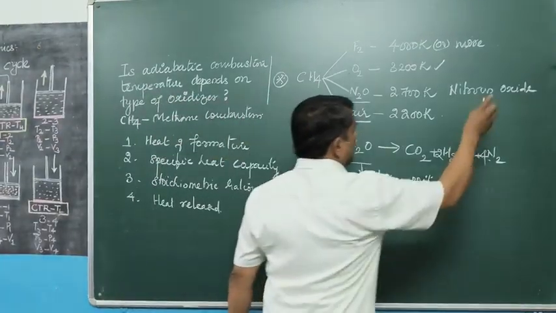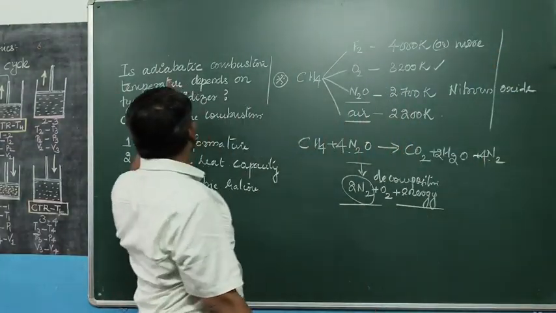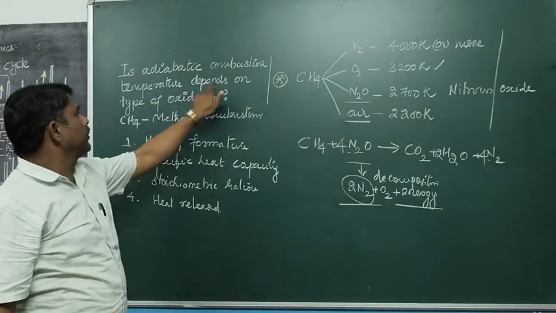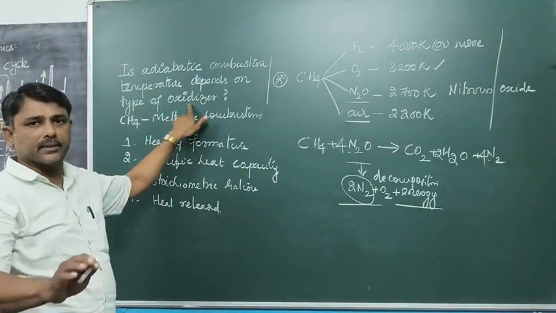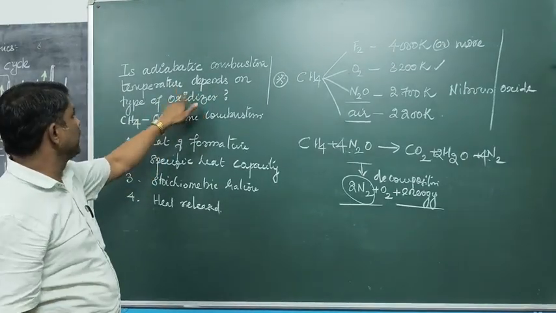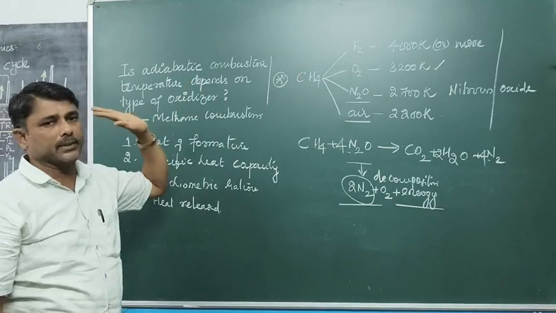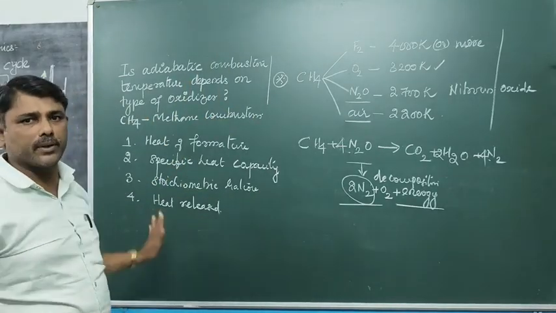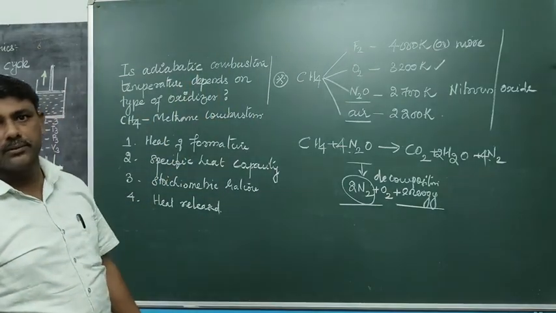So the answer for this question, does adiabatic combustion temperature depend on the type of oxidizer, is yes. The type of oxidizer plays an important role in deciding the adiabatic combustion temperature. This is the brief information on this question. Thank you.